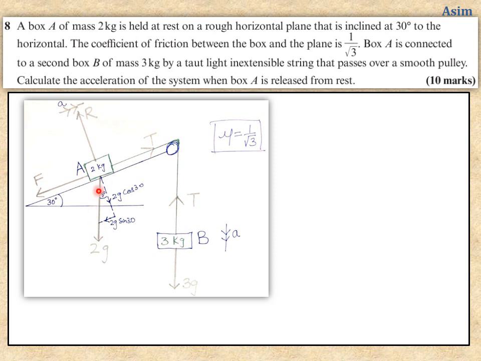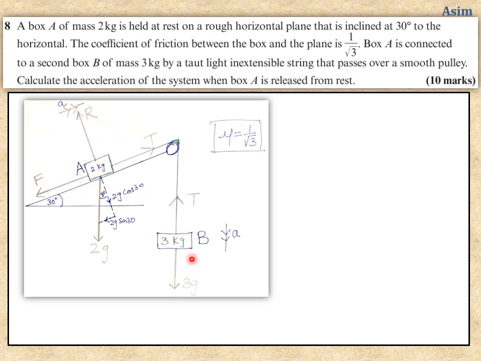The forces will always be there, even the hidden ones, which you have to do on your own. Like this is a mass, so it will have a weight acting vertically down. Reaction force will always be perpendicular to the surface. Friction will always be parallel to the surface, and the tension will always point towards each other. So you have two forces at B and this is at A.